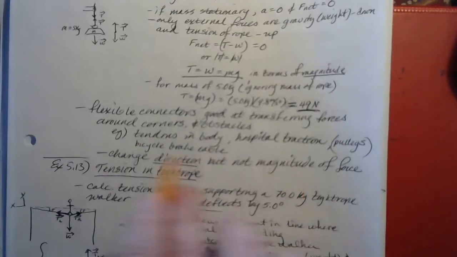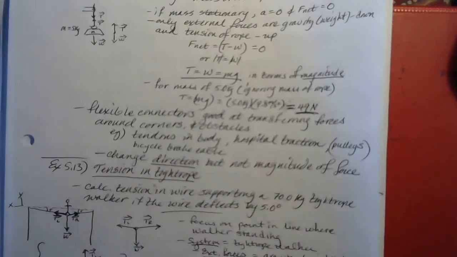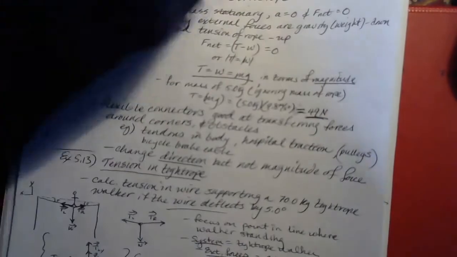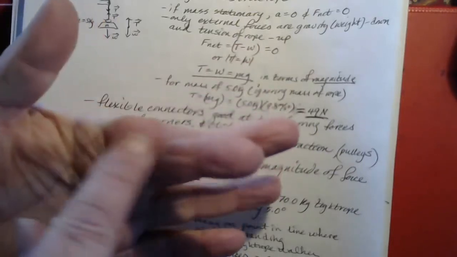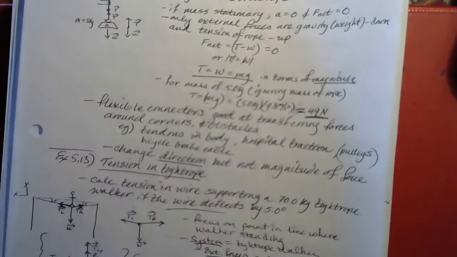Flexible connectors are good at transferring forces around corners or around other obstacles. Like the tendons in the body, they can transmit force from the muscles in your hand around the corner into your finger. That's kind of how your tendons work.